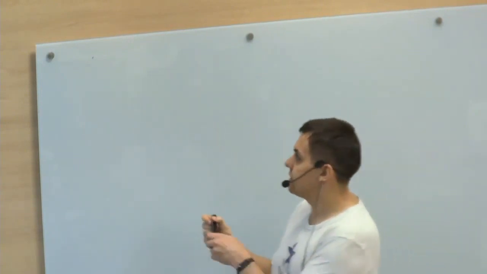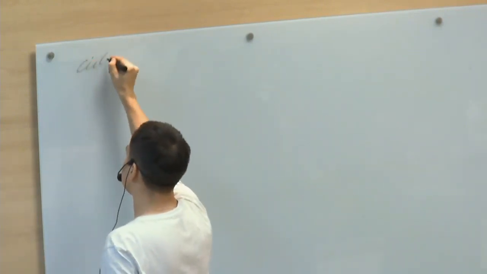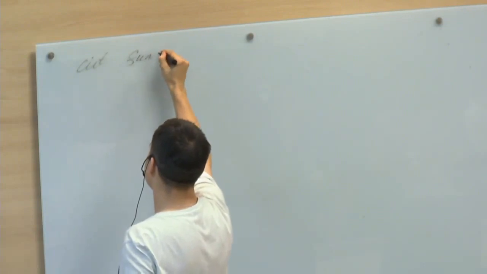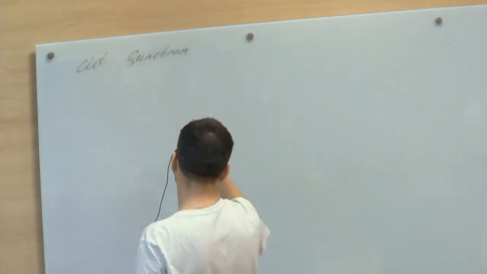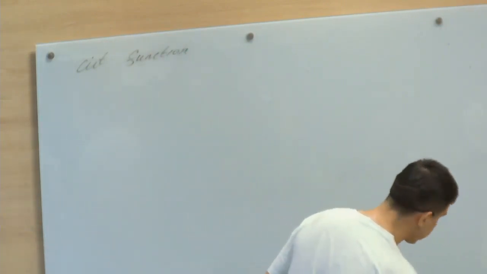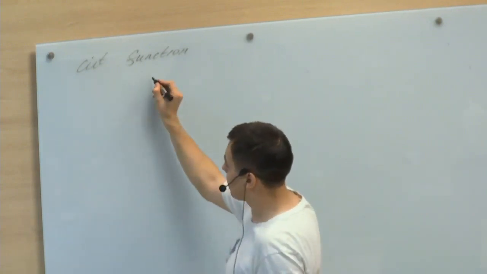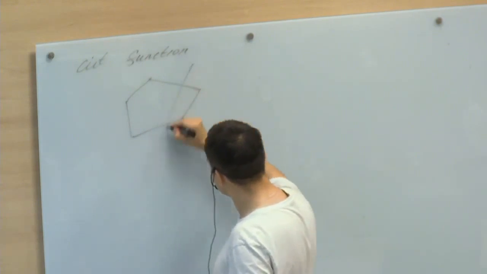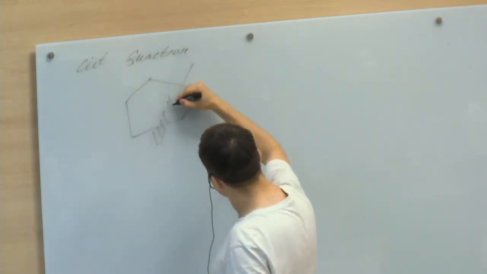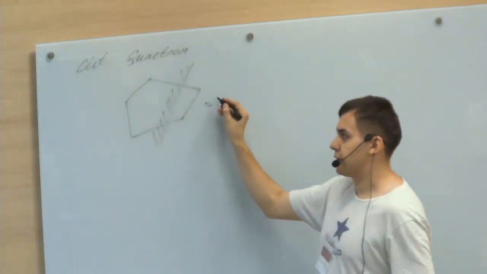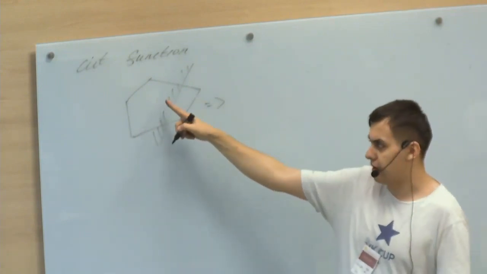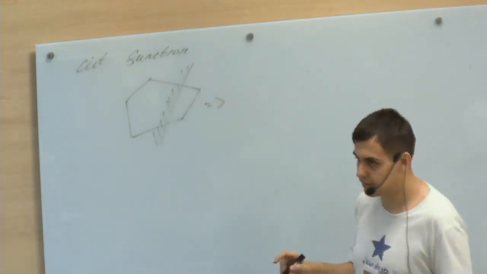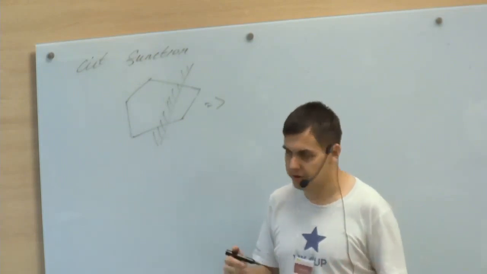So the cut function takes a polygon and a half plane and returns the intersection of that polygon and the half plane, again as a list of points.